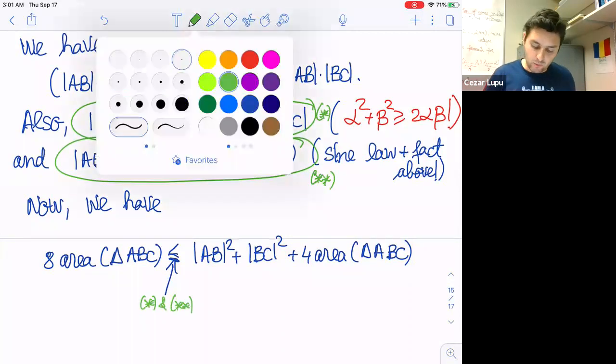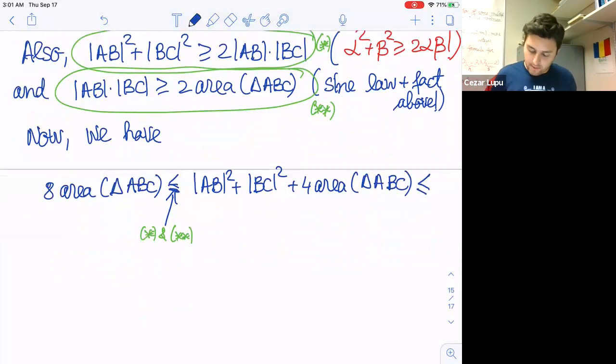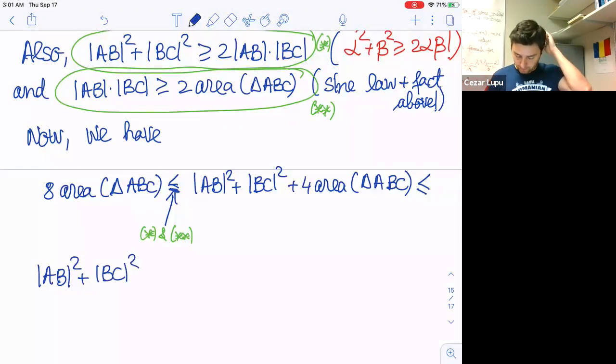Okay, and now guess what? I'm gonna use it again. This will be less or equal than, and now I'm gonna use the double star inequality. So this will be less or equal than AB squared plus BC squared. Okay. So here I use double star.